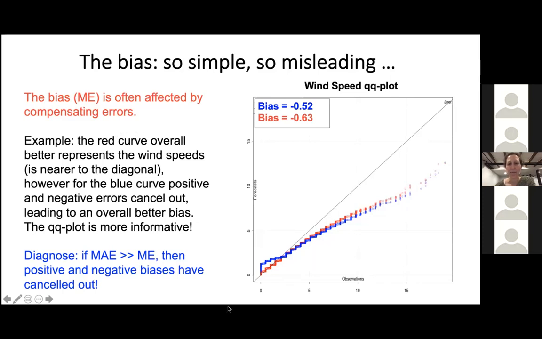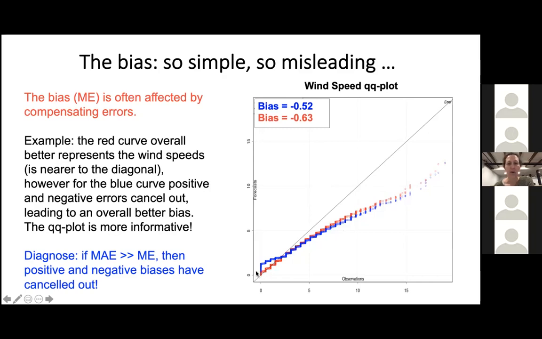This is an example that happened actually in real life. We had a new version of the model, which is plotted in red here. And when we looked at the summary scores, the bias was really worse. And everybody was like, why is it worse? I know I improved the model. I don't understand. And then when we plotted the quantile plot, you can see that the red curve, the distribution, is actually nearer to the diagonal as it should be.